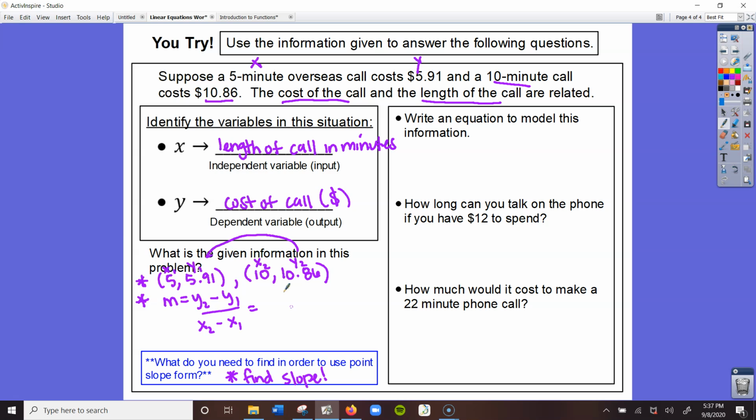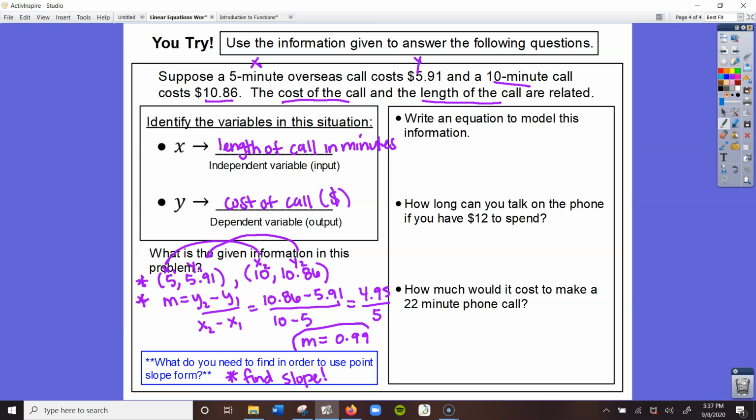We would do y2 minus y1, so 10.86 minus 5.91 over x2 minus x1, which is 10 minus 5. If you were to do 10.86 minus 5.91, we get 4.95. And then we would have to divide it by 5. When we divide by 5, we get that the slope is 0.99. This means that it costs 99 cents per minute for the call.